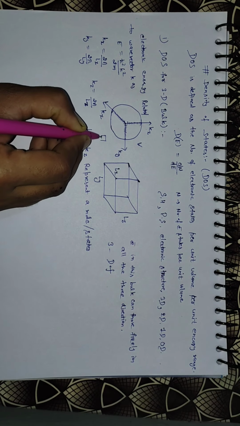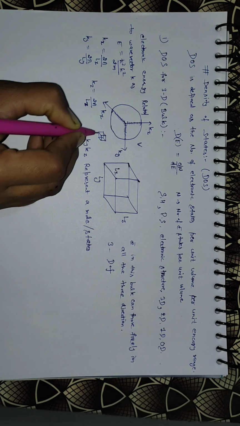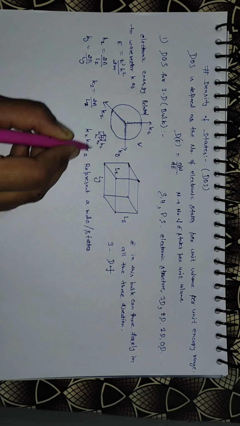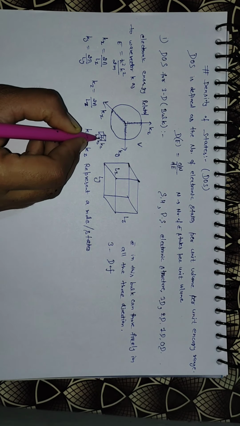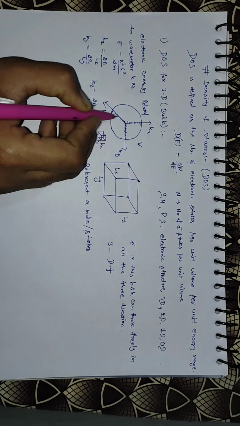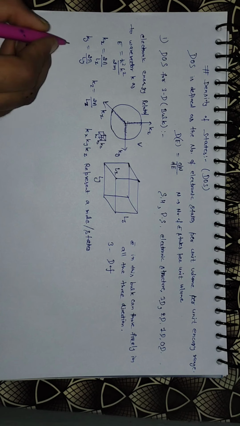These are the dimensions of a small cube. Let's say kx, ky and kz, and its volume represents a mode. So on dividing the total volume by the volume of one mode, we get the number of modes.